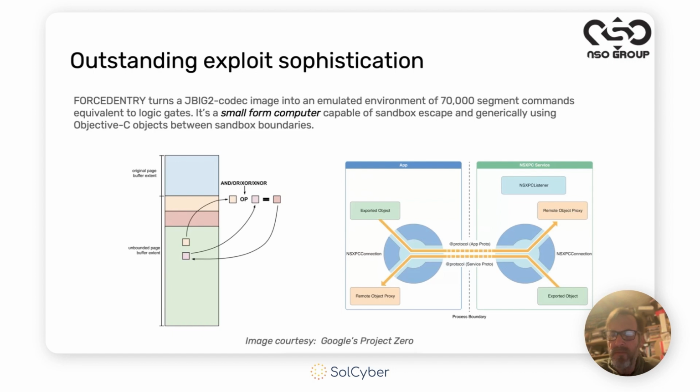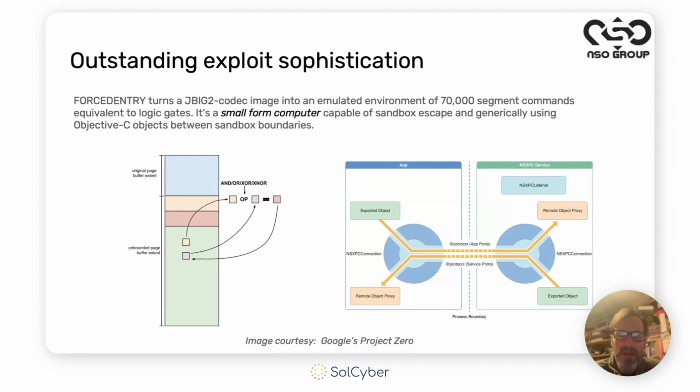It had about 70,000 segment commands, which were equivalent to logic gates, and created a small computer that was capable of the sandbox escape and generically using Objective-C objects between sandbox boundaries. Once you've escaped the sandbox like that with root access, that phone is yours. And this was one of the most advanced attacks that anybody had ever seen against the device.